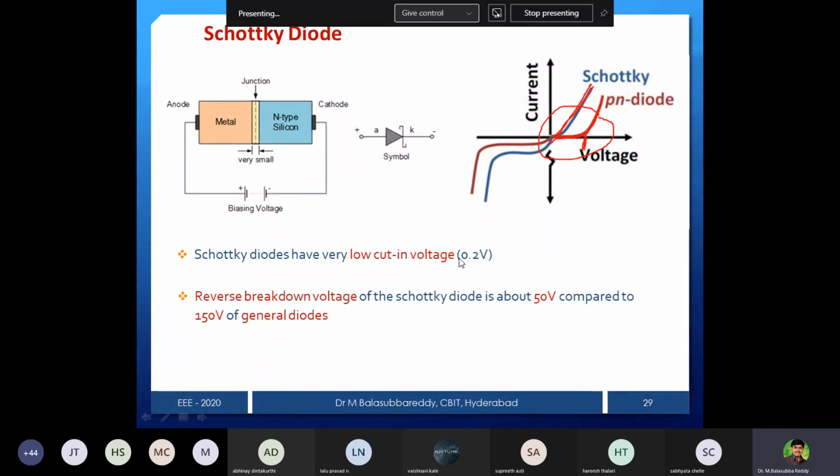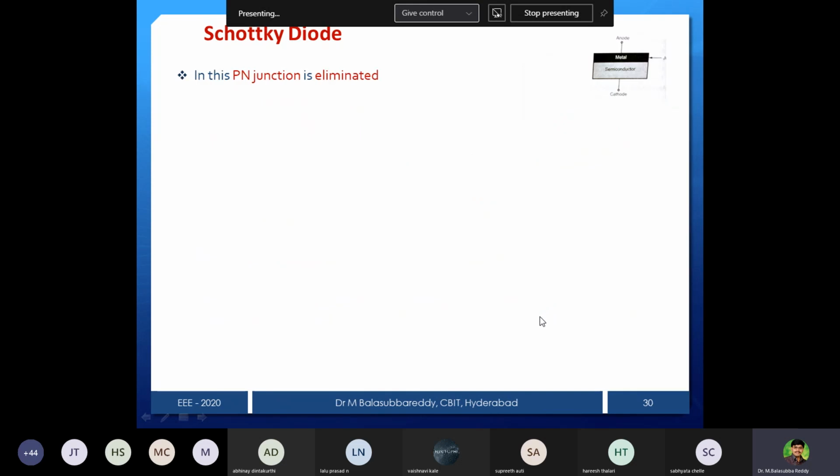The reverse breakdown voltage of the diode is only 50 volts, compared to 150 volts for general diodes, and the PN junction is eliminated.